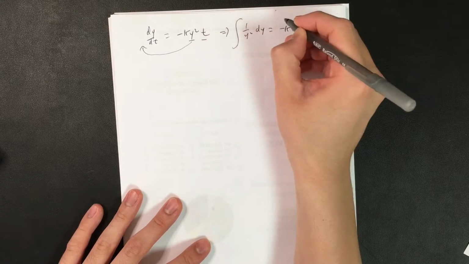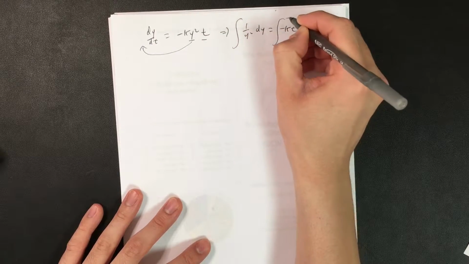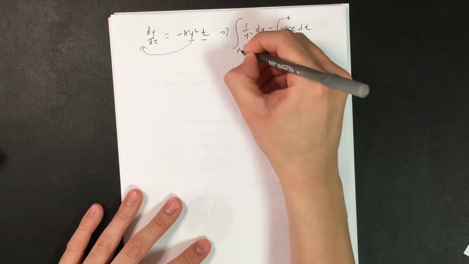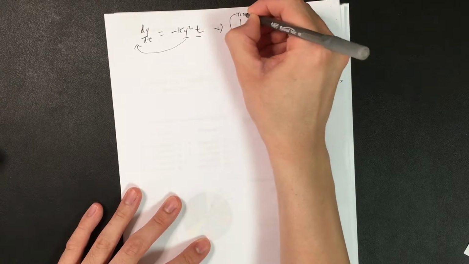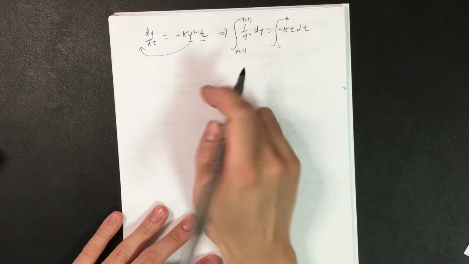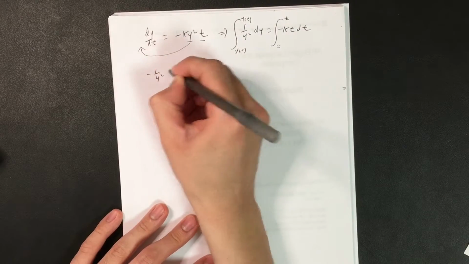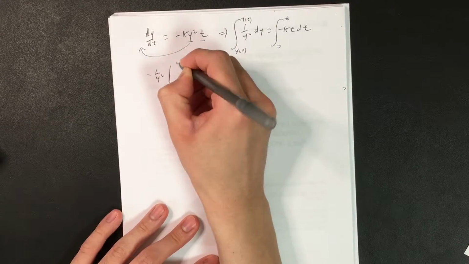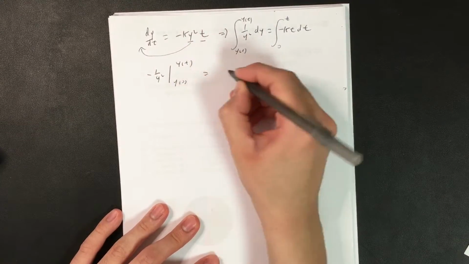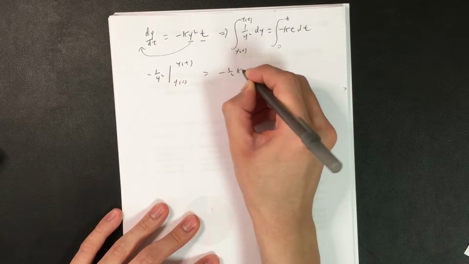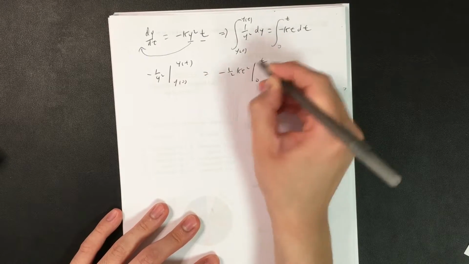And I can integrate this with the bounds of time from 0 to t and y of 0 to y of t. And from the integration, I get negative 1 over y, from y of 0 to y of t, equals negative 1/2 kt squared from 0 to t.